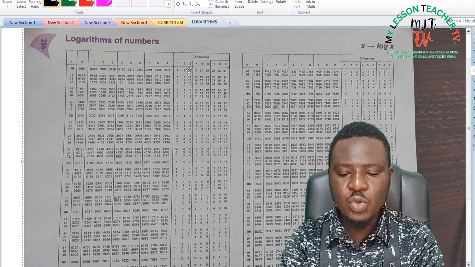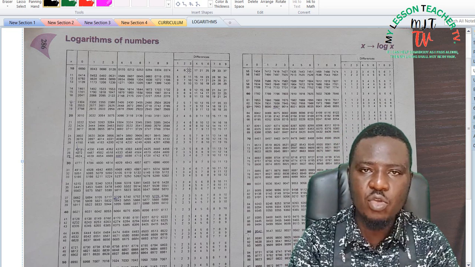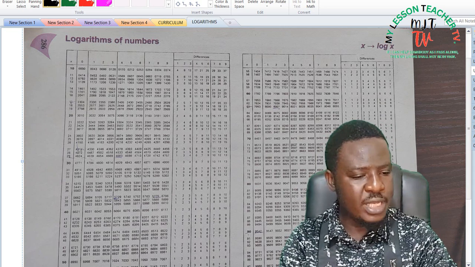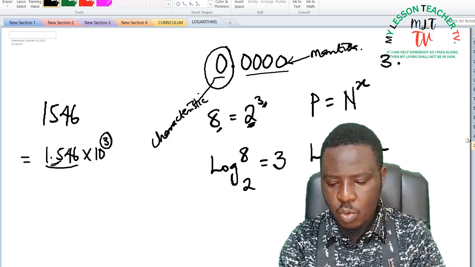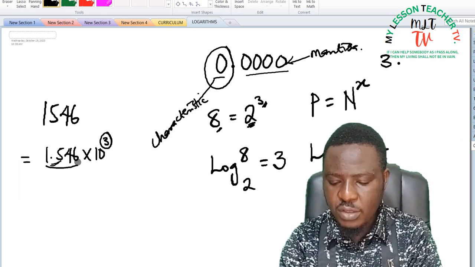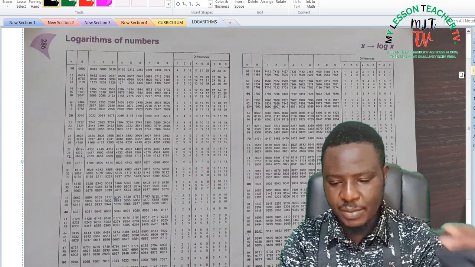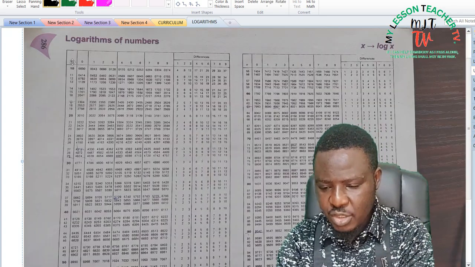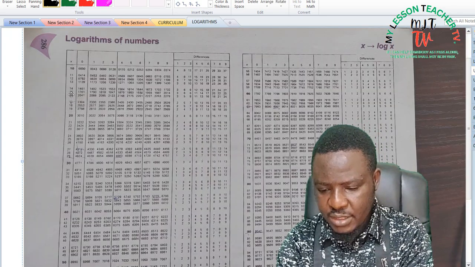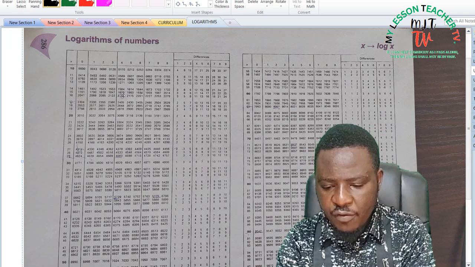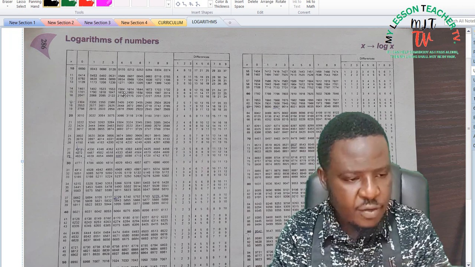For the difference table, you are going to add it to whatever value you get. For this particular number, we are looking for 15 under 4 difference 6. So I'm going to look for the value of 15 under 4 from the logarithm tables. Where is 15? You trace 15. This is 15 under 4. 15 under 4 is giving me 1875.